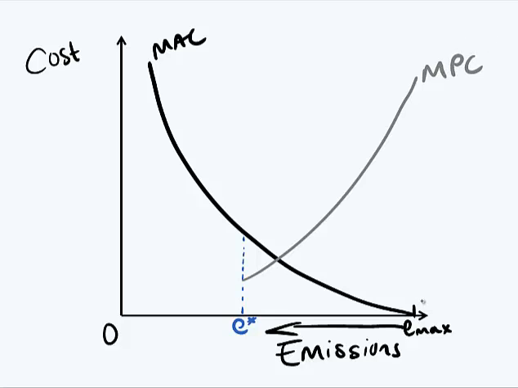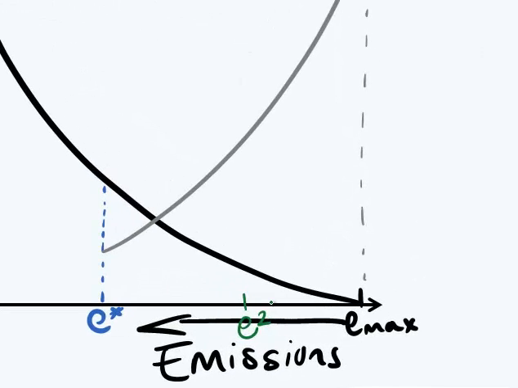So if I emit at E max, the maximum amount, then I don't pay any marginal abatement cost, but I pay a really high penalty or fine. So the cost of the fine is really high. Therefore, there's an incentive for me to reduce emissions. So let's say I reduce emissions to E2 over here. Let me just take away some of this.